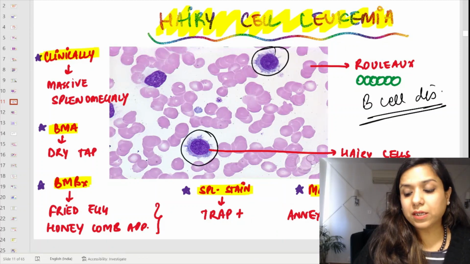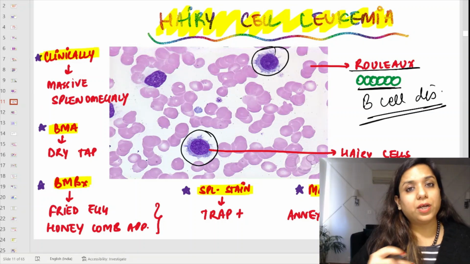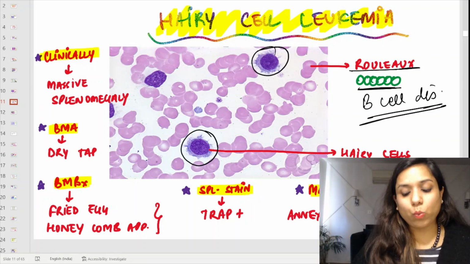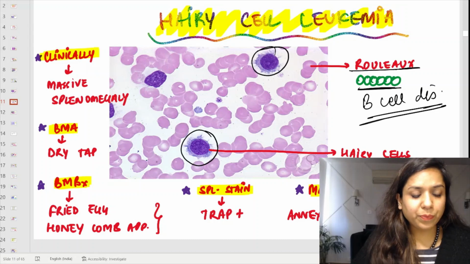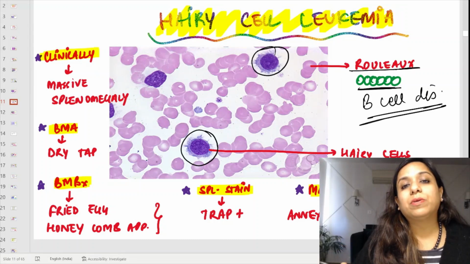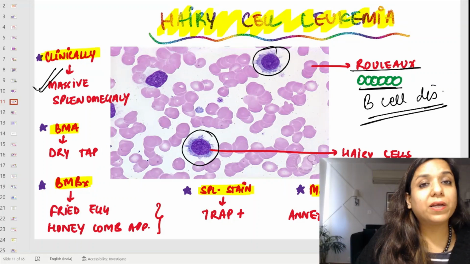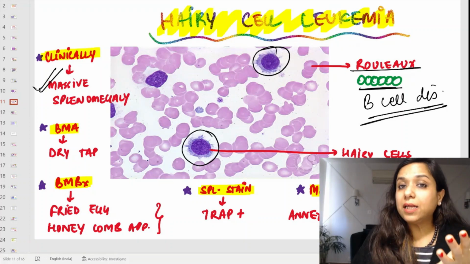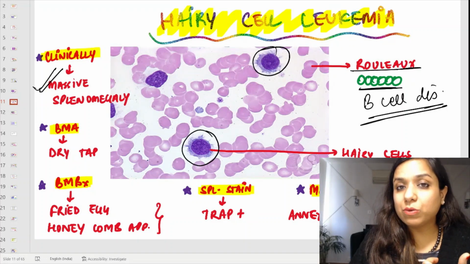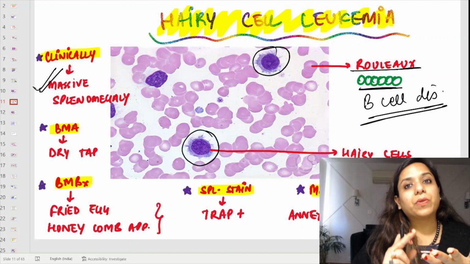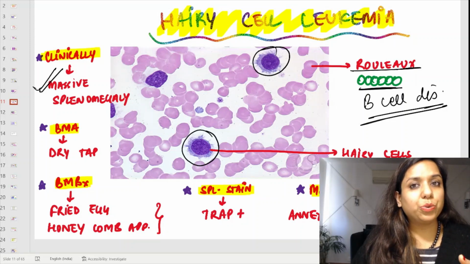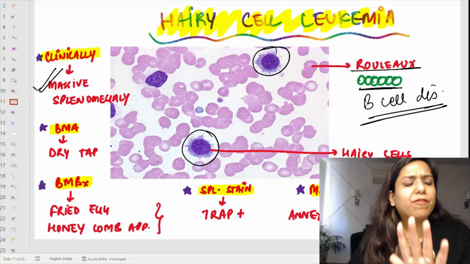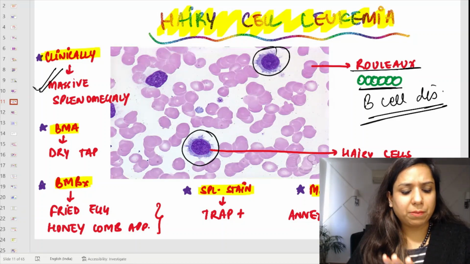Another thing which I can see in this image is the rouleaux formation, that is RBCs are aggregating one after another, correct? Clinically, the patient usually presents with massive splenomegaly. So that is one clue. For massive splenomegaly, in the MCQ exams, you have to think about CML, malaria, Kala-azar, hairy cell leukemia, myelofibrosis, the 5 important diseases which you have to remember, right?